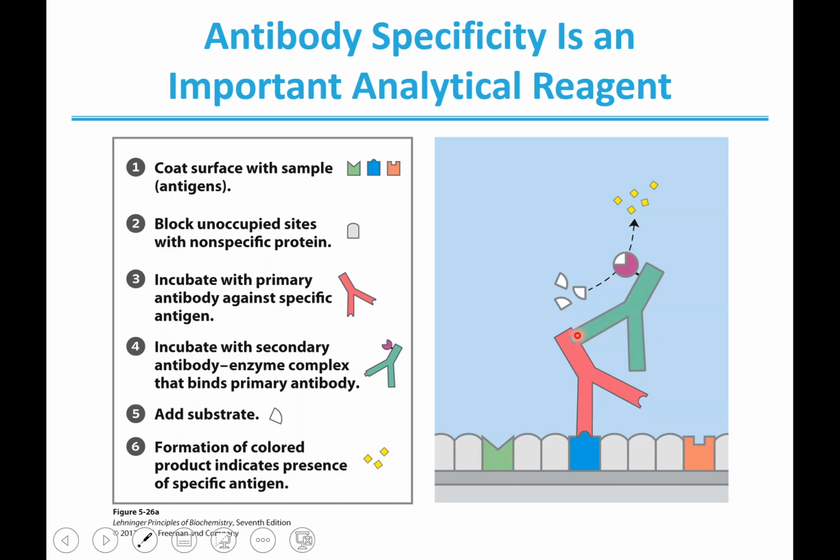The other interesting thing about it is it's attached to an enzyme on the other end, and you can use that enzyme to detect its presence. Typically it's something like horseradish peroxidase, where you can use a reaction that gives off chemiluminescence, light, and you can visualize how much of a protein is there based on how much light is being given off. So that's the Western blot picture of this.